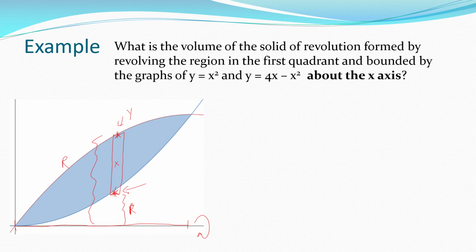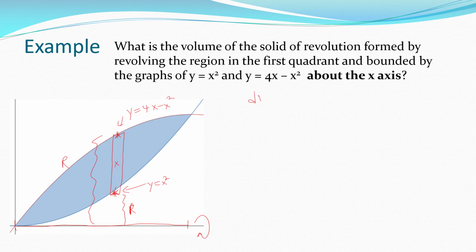Notice again on the inside is x, that's what moves it, and on the outside I need the y's in this case. So the upper point here is always on the curve y is equal to 4x minus x squared, while the lower point, the one closer to my axis of rotation, is always y is equal to x squared.